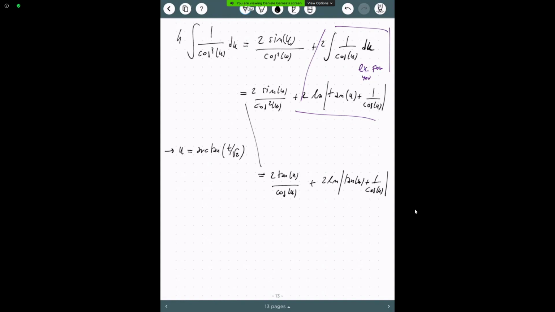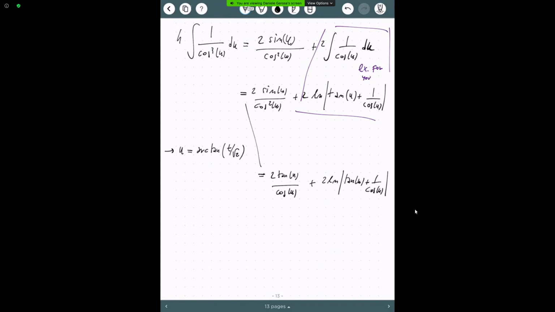Okay, so now what's the problem here? We have to figure out how to get rid of this damn 1 divided by cosine u.